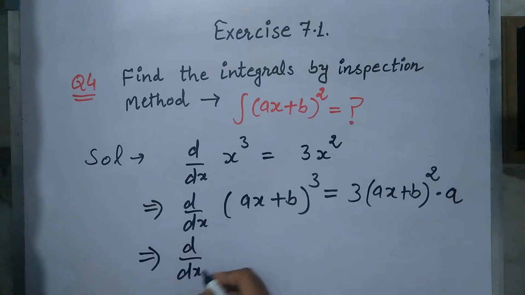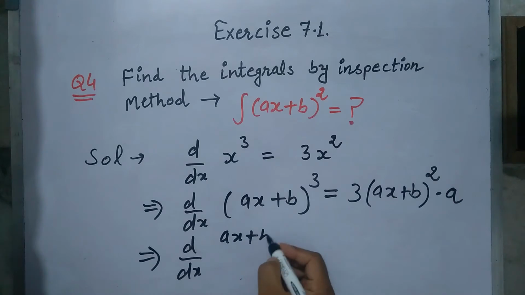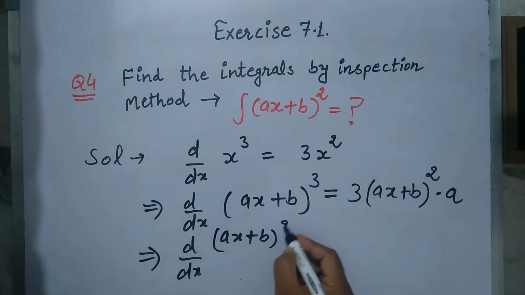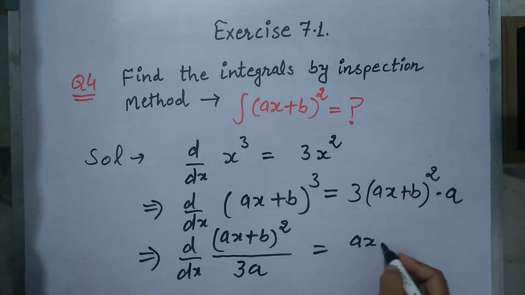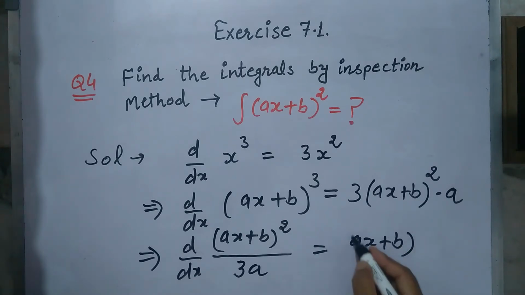Derivative of ax plus b whole power 3 divided by 3a is equal to ax plus b whole square.